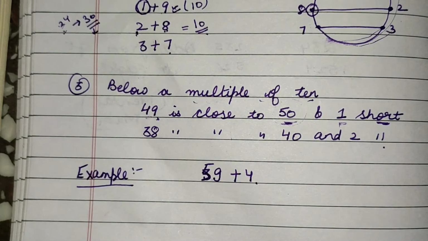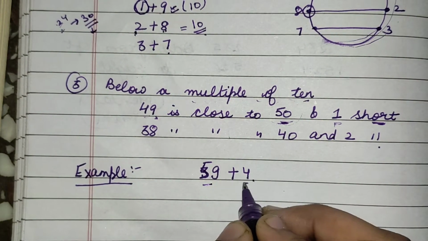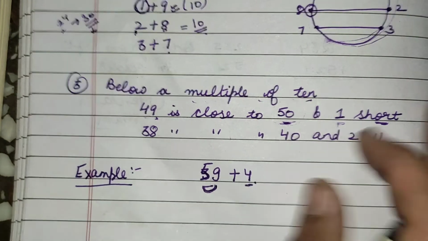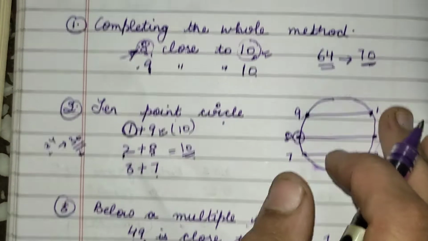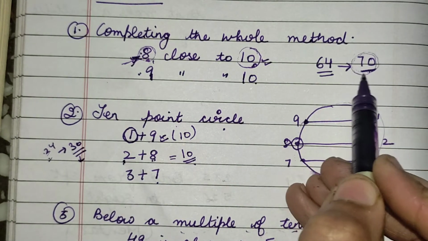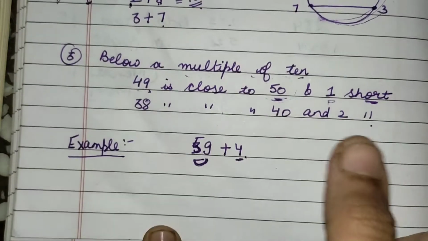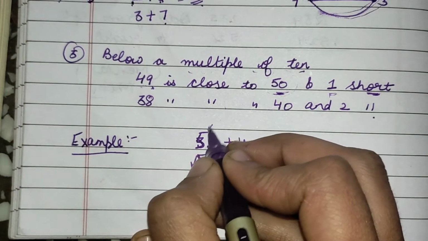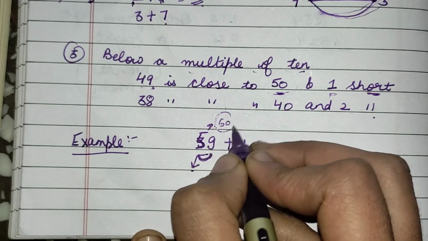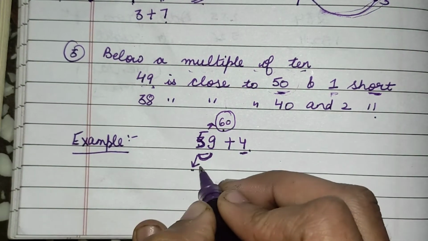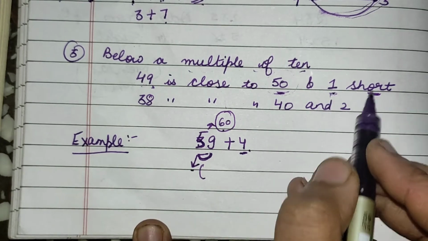Let us take our first example, 59 plus 4. Our very first step is to find the multiple of 10 which is closer to our given number. 59 is closer to what? 59 is closer to 60. So I have to make it 60. It is closer to 60, but how much is it lesser than 60?